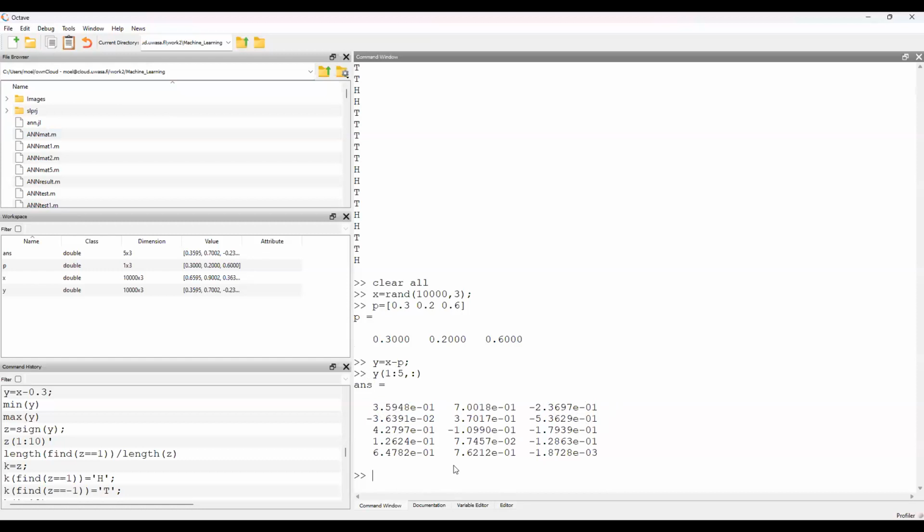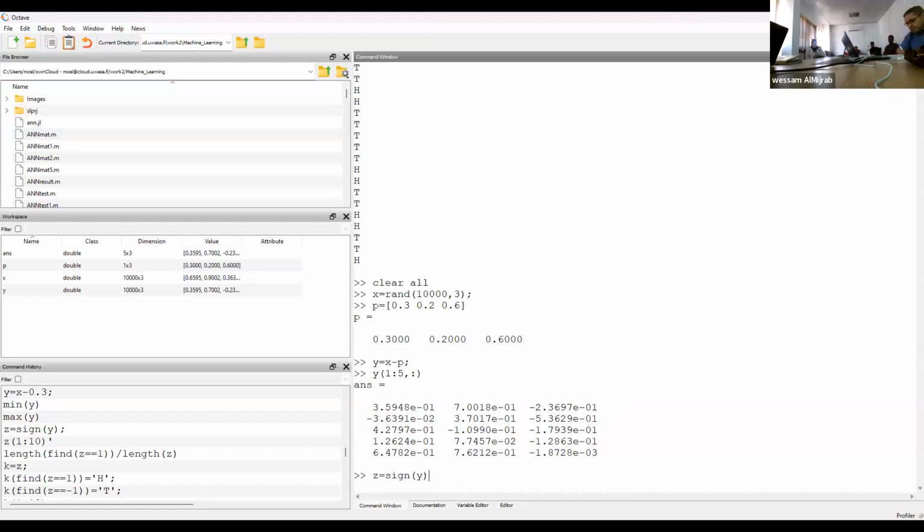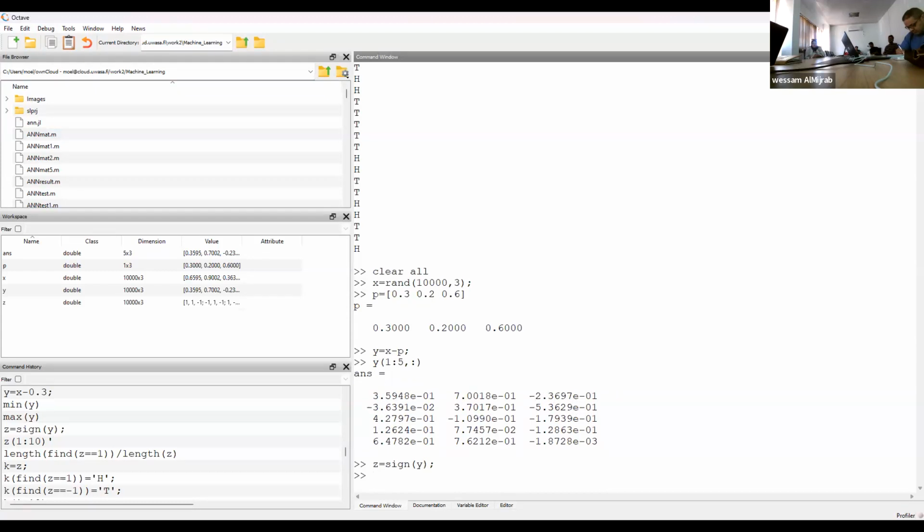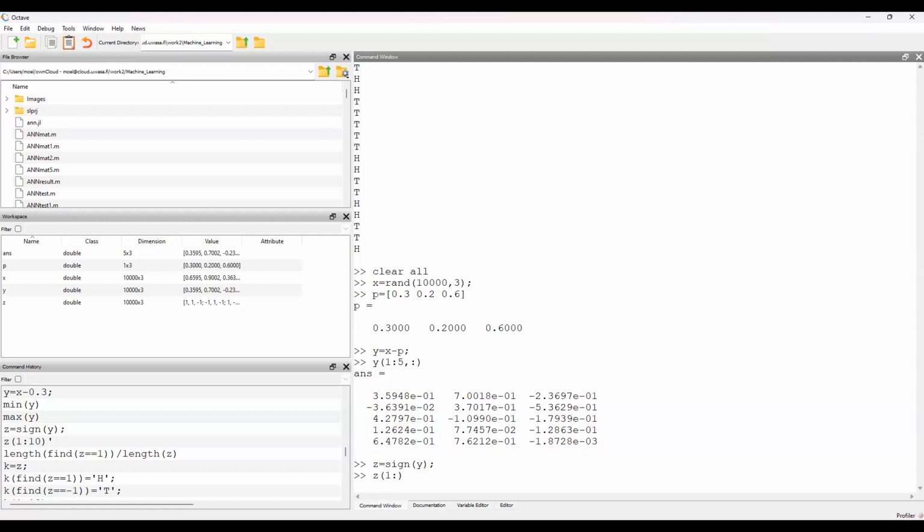Now what I can do here, I like to convert them as we did before, to +1 and -1. I can put it this way: z equals sign of y. If you look at z for the first 5 elements and for all columns, you don't need to put from 1 to 3, you can just put a colon there.